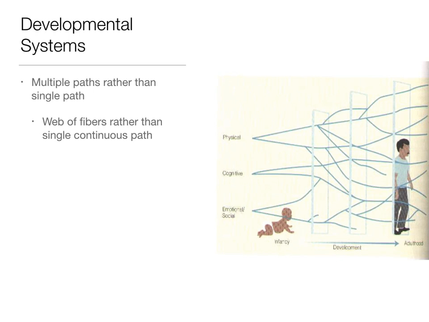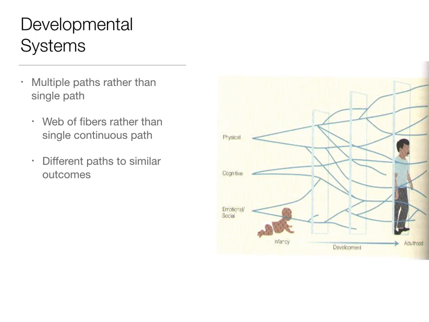These systems are a web instead of just individual lines, and changes in one system then cause changes to the other. We have different paths to similar outcomes. So we all ended up walking, but how did we end up there, right? We did it different ways. We had different timelines. We did things differently, so we can have the same outcome but get to it in different ways.